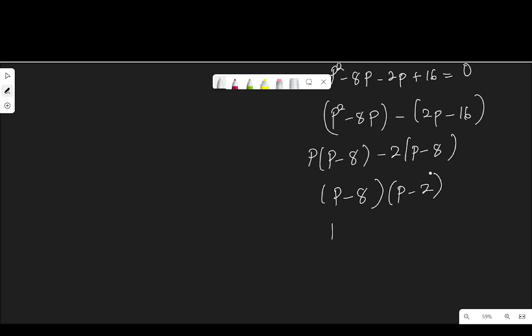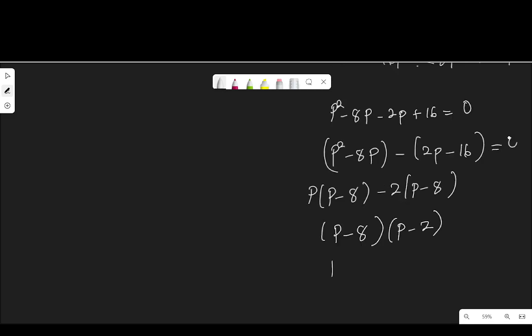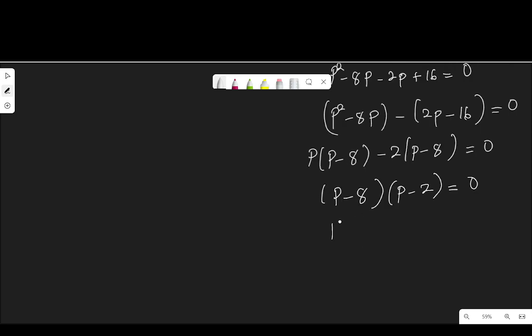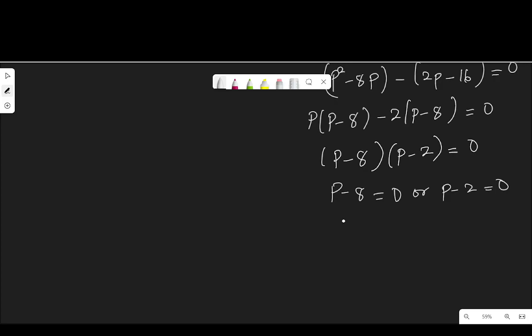That means everything here should be equal to 0. P minus 8 is equal to 0, or p minus 2 is equal to 0. That means p is equal to 8, or p is equal to 2.